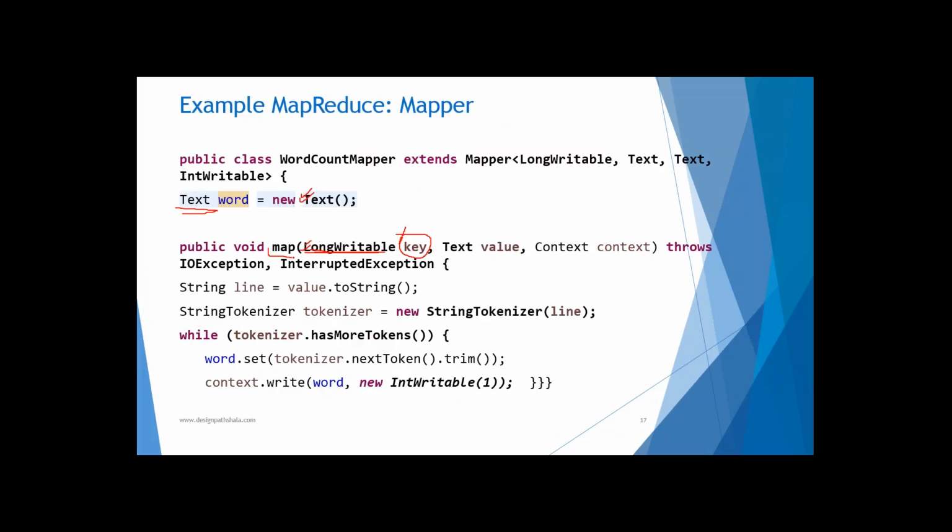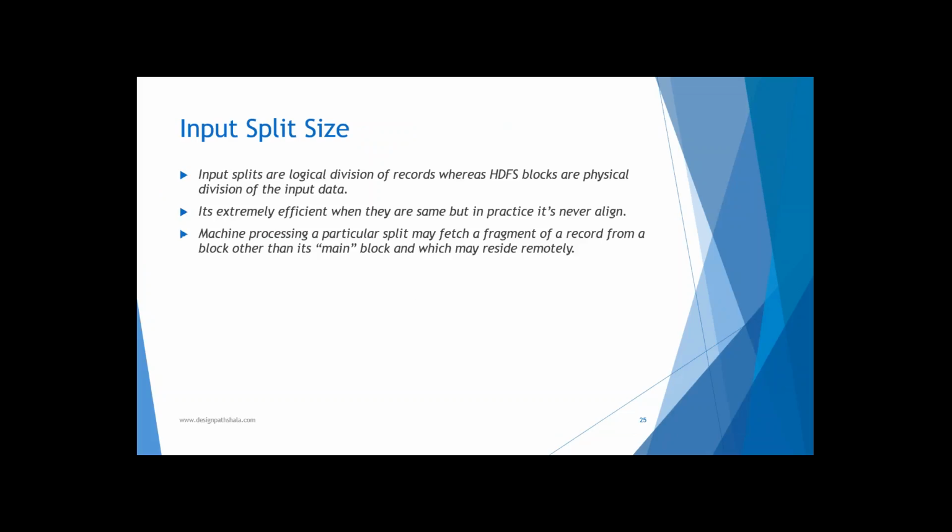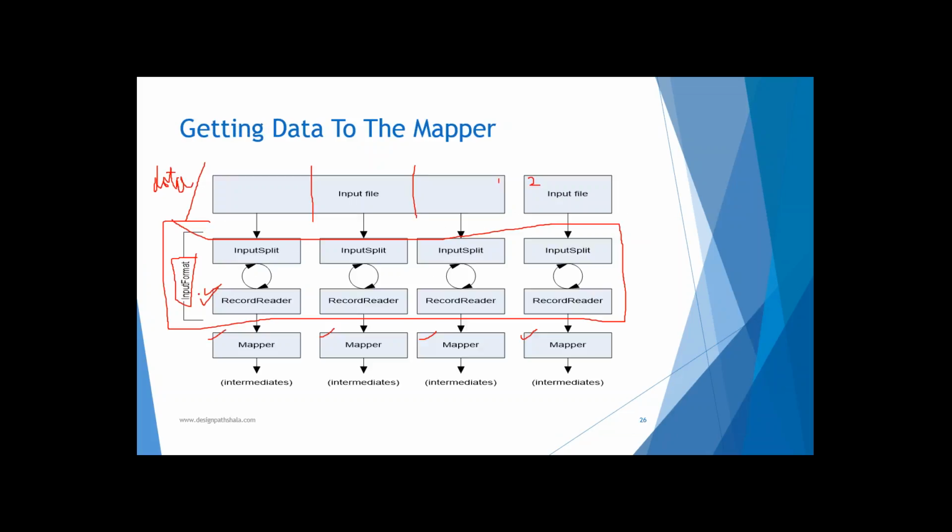So this map function is invoked somehow. Who invokes this map function is the record reader, basically the input file format, which has a record reader implemented in it. That record reader reads a record from the input split, that is one line from the input split, calls the map function, reads another line, calls the map function, reads the third line, calls the map function, and so on.